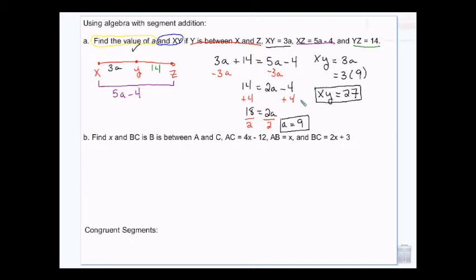All right, so we have one more example like this. We want to find x and BC. Okay, so again, two parts. B is between A and C. So I'm going to draw that again. So I have A, and I have C, and B is just between them.